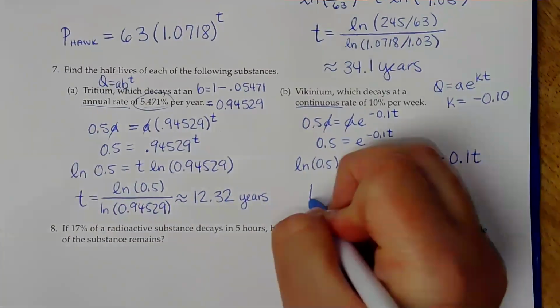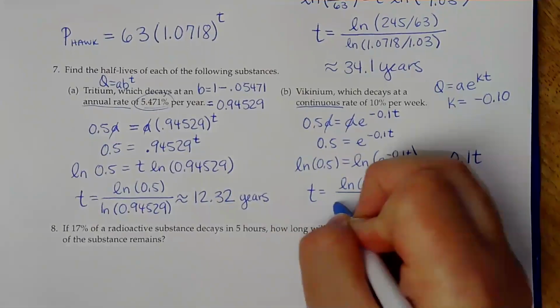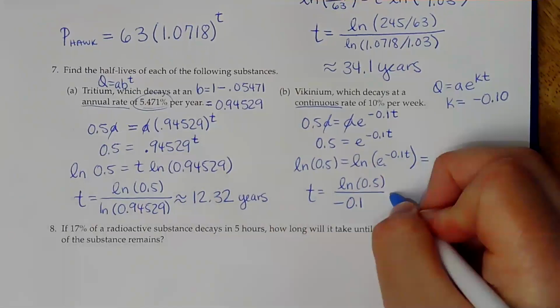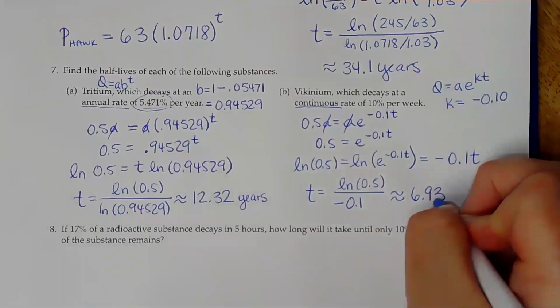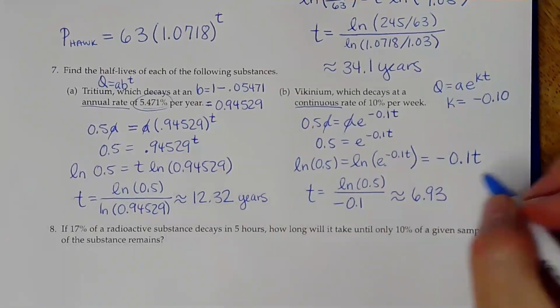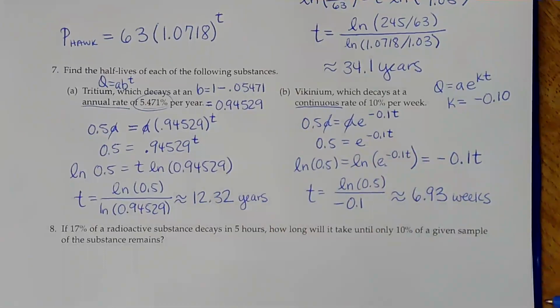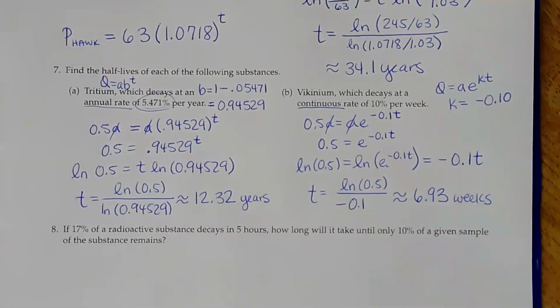So T is ln of 0.5 divided by this negative 0.1. That's going to give me approximately 6.93. And this one is measured in weeks. So this would be 6.93 weeks for this substance to decay half of its amount.